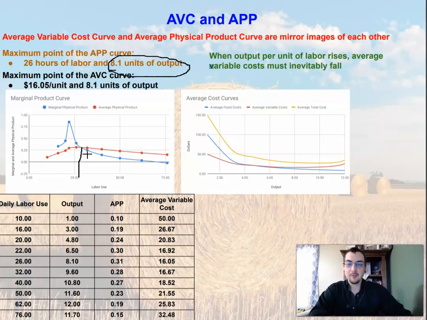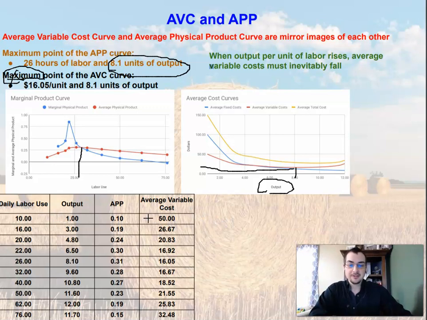Even though this says maximum, at the minimum point of the average variable cost curve, we're also at 8.1 units of output, at about $16.